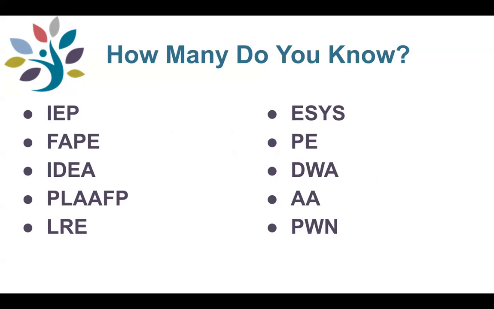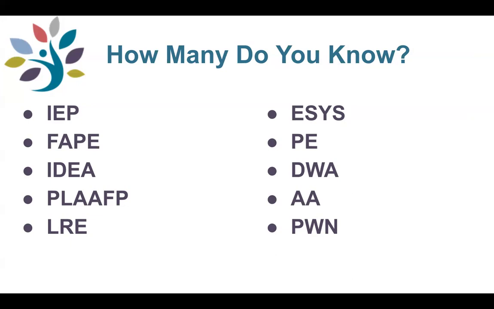IEP is an individualized education program. FAPE is free and appropriate public education. IDEA is the Individuals with Disabilities Education Act. That's the law for the free and appropriate education. The PLAAFP is the present level of academic achievement and functional performance on the IEP. LRE means least restrictive environment. We don't want them to be pulled away from their peers.